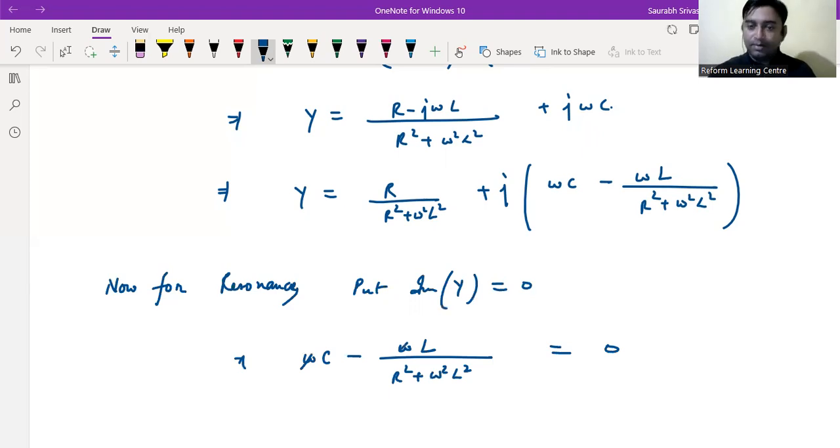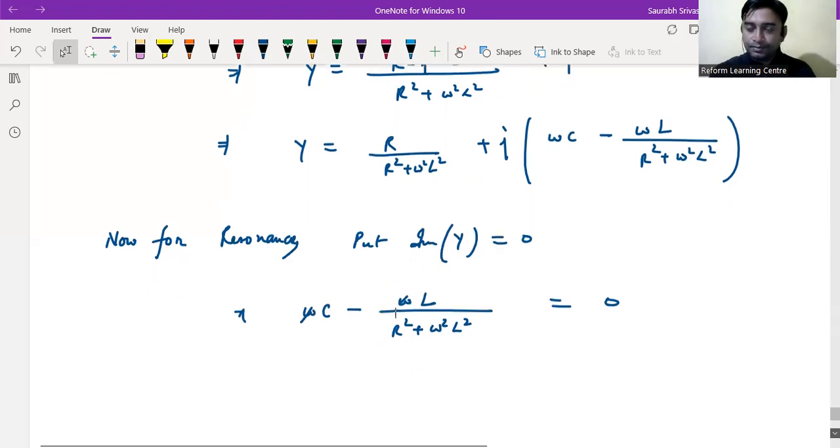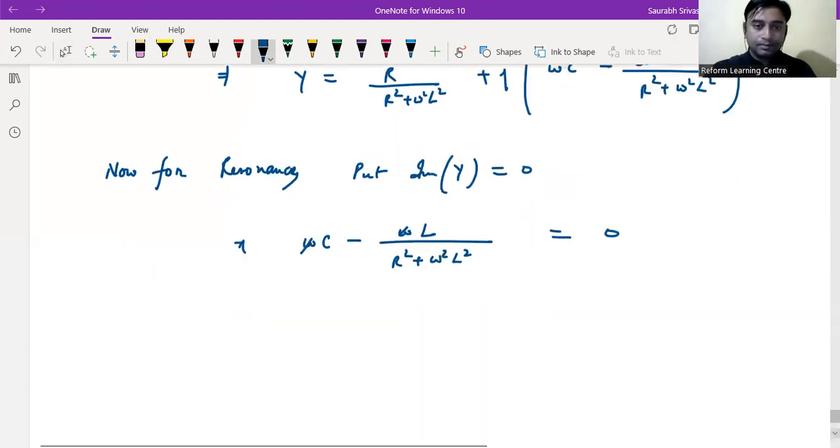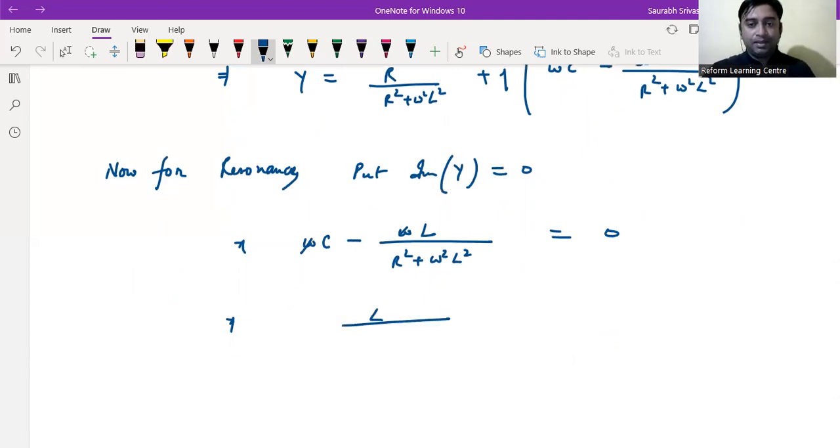Omega omega cancel, common लेकर के. Means L upon R square plus omega square L square is equal to C. Again, cross multiplication. L equal to C R square plus omega square L square C.